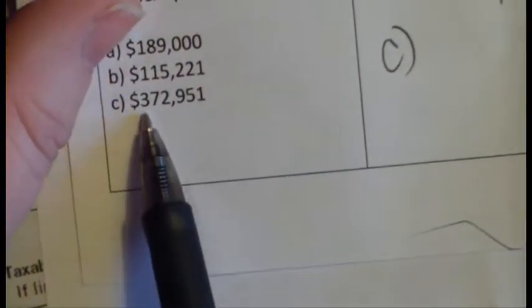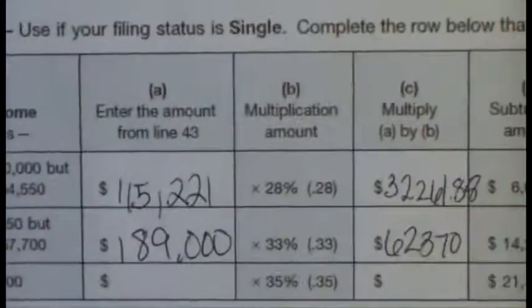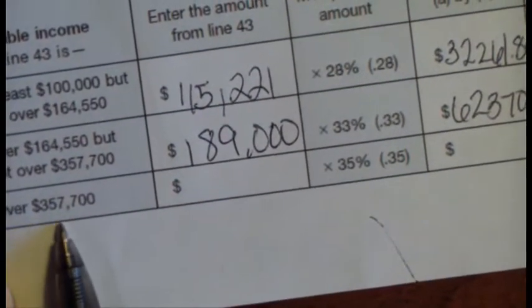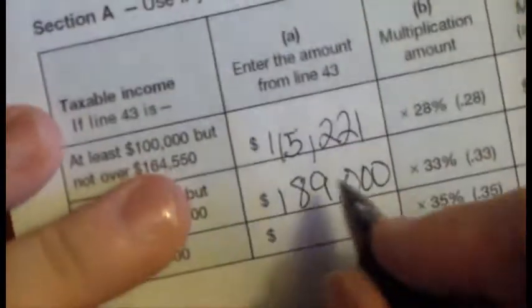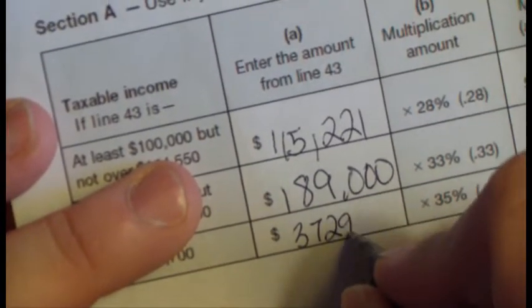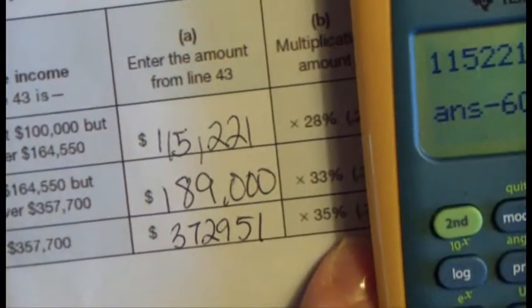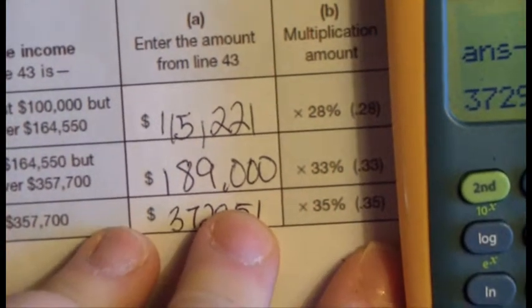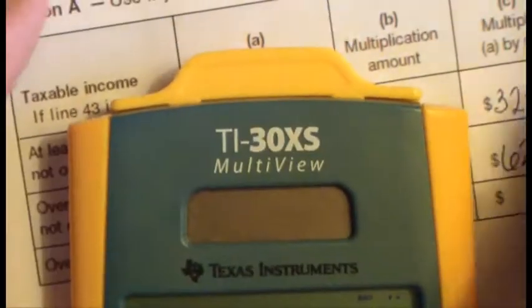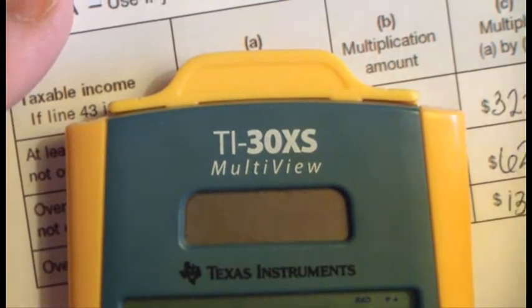On part C, our taxable income, $372,951. That is in our last column because this is above $357,000, so that's going to go in our last row. So 372,951. This time our tax rate is 35%. So 372,951 times 0.35, 130,532.85.